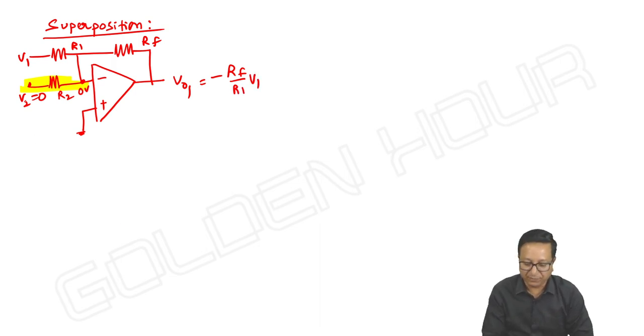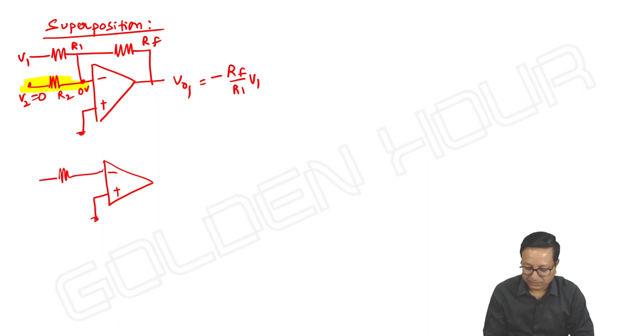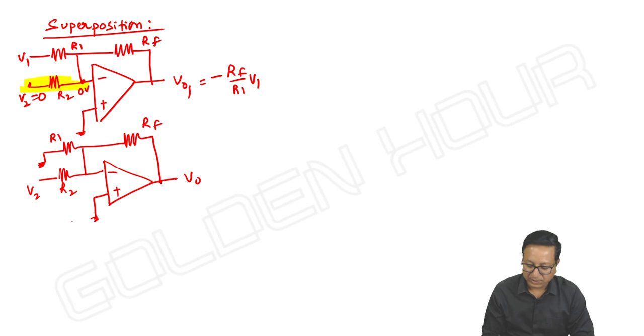Similarly, for studying the effect of V2, set V1 is equal to 0. Second case I am writing. V2, R2, V output, RF, R1. It is again connected to ground. Due to virtual short, it is 0 volts. So here it is 0 and here also it is 0 as V1 is 0.